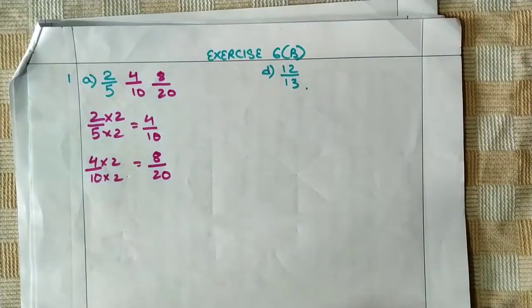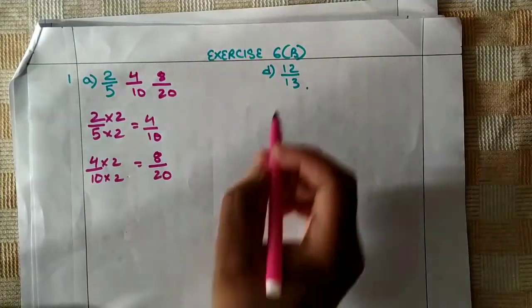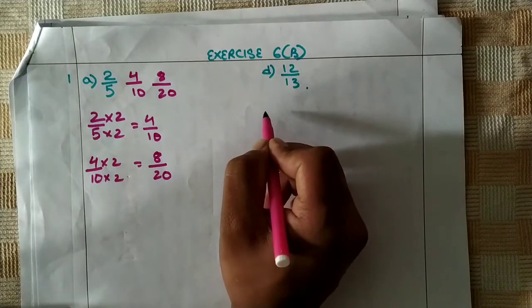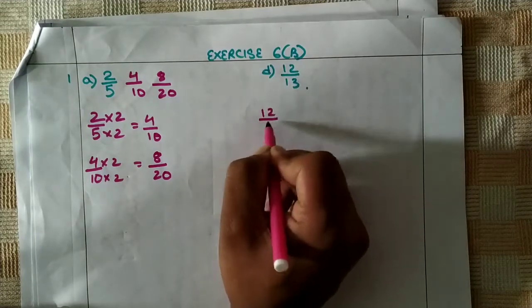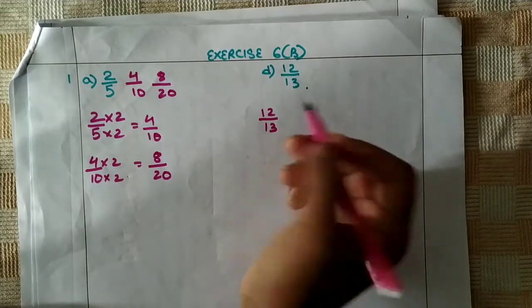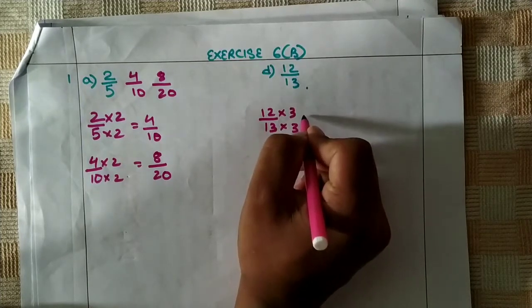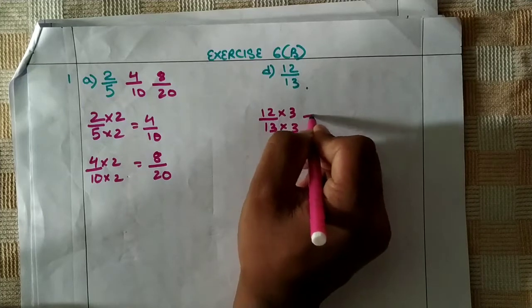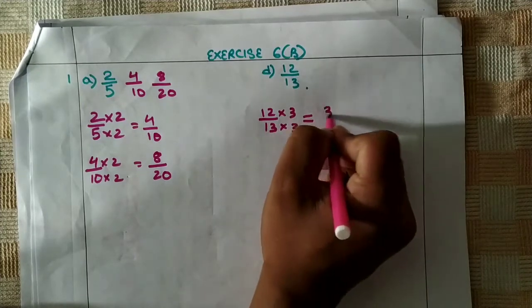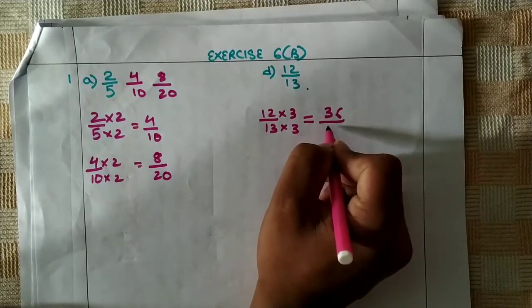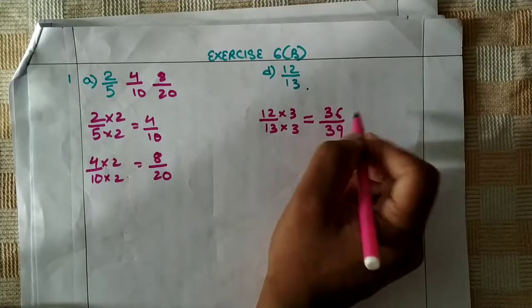Let's solve number D. 12 by 13. Let's multiply it by 3. 36 and 39.